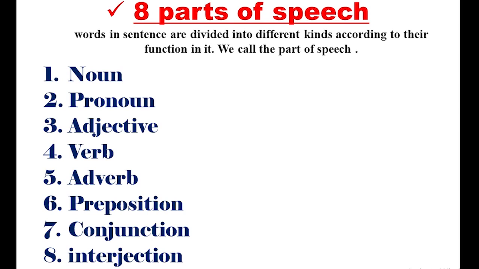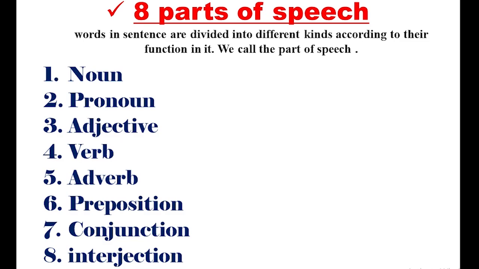Today we are going to see parts of speech in a very easy way with just one example, the same example. In English, words in a sentence are divided into different kinds according to their function.